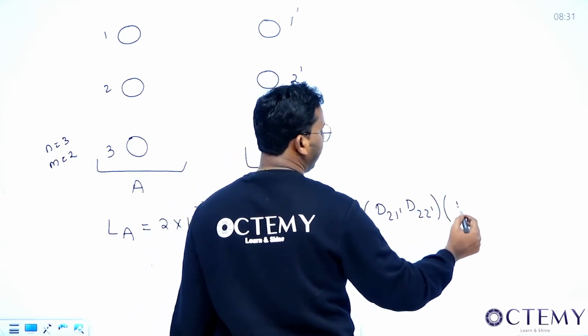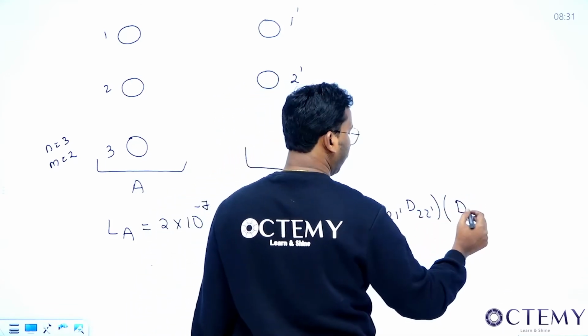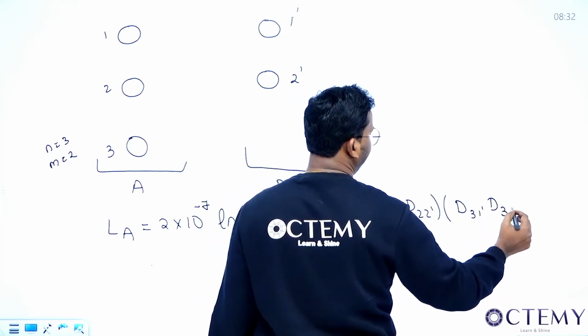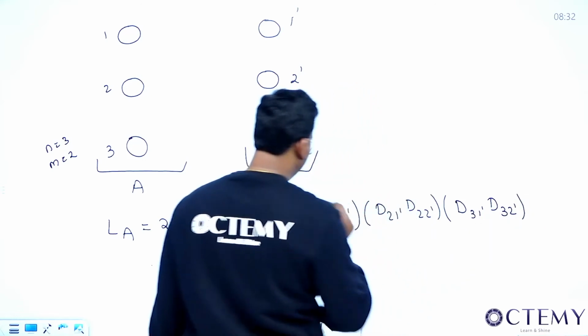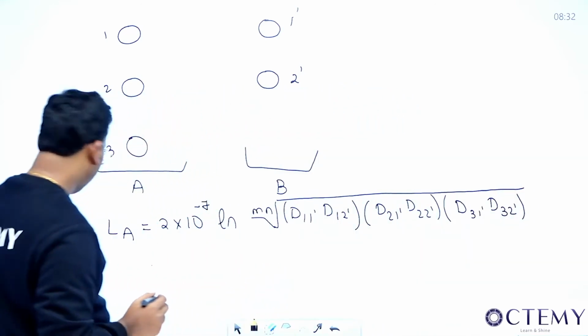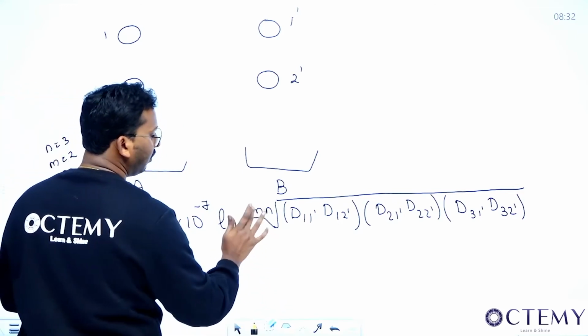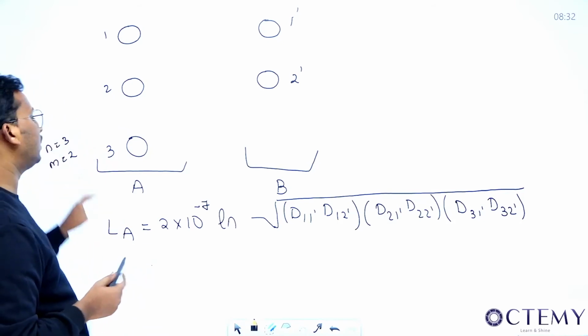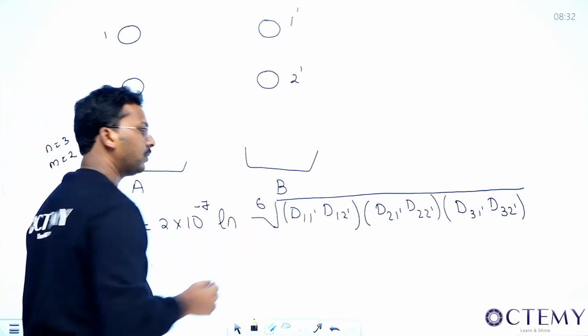However many terms you have, that much of a root you'll get. So this is 3 into 2, so you'll get the 6th root.